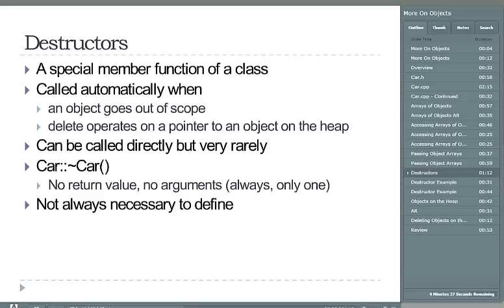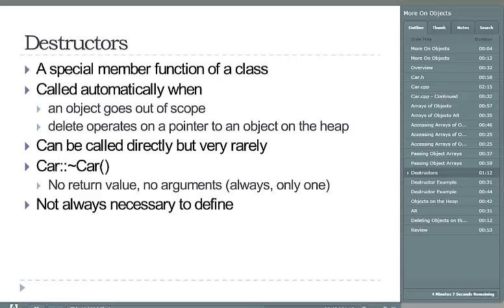The destructor can be called directly, but it's not recommended and almost always is an automatic call. Like constructors, destructors have no return value. But unlike a constructor, which can have arguments, the destructor always has no arguments, and consequently there is only one destructor function.